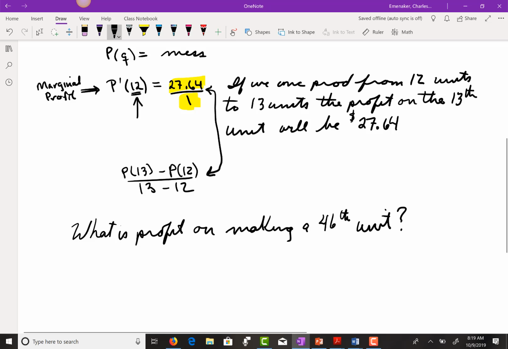Well, we're looking at moving from 45 to 46. So what we would do is we would evaluate the marginal profit at 45, and suppose it comes up negative 7.31. What's that tell you? No profit. Even worse than no profit, it's a loss. If we go from making 45 of these things to making a 46th unit, this extra unit is going to result in the loss of that much money.